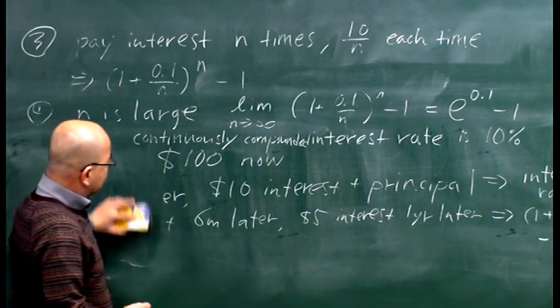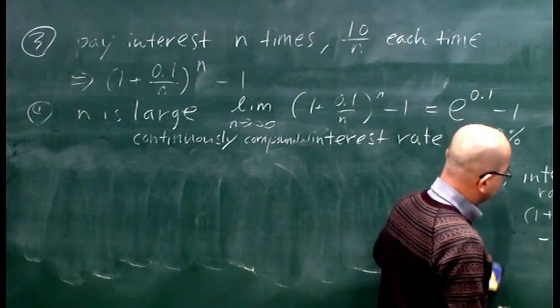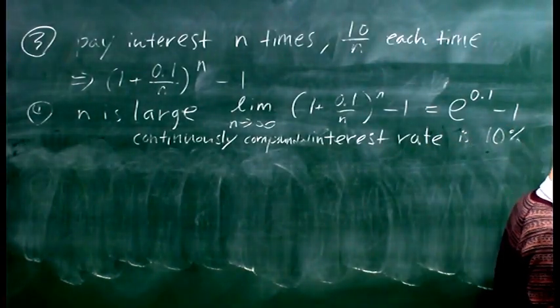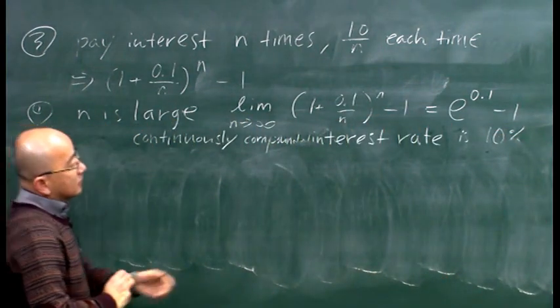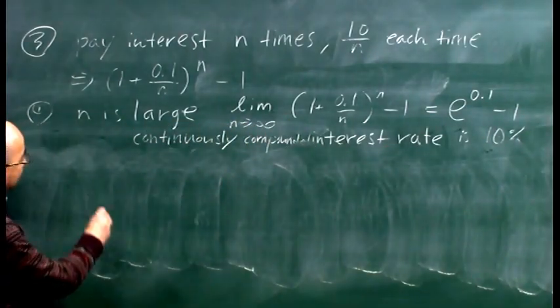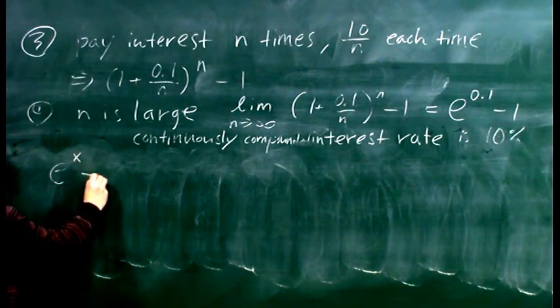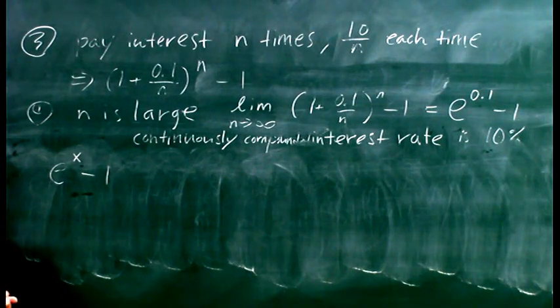Now let's think about this number a little bit more in terms of algebra. This 10% was read off from this part. When the interest rate is e to x minus 1, where x is a small number that is close to 0, we may say interest rate is e to x minus 1, or we may say continuously compounded interest rate is x.